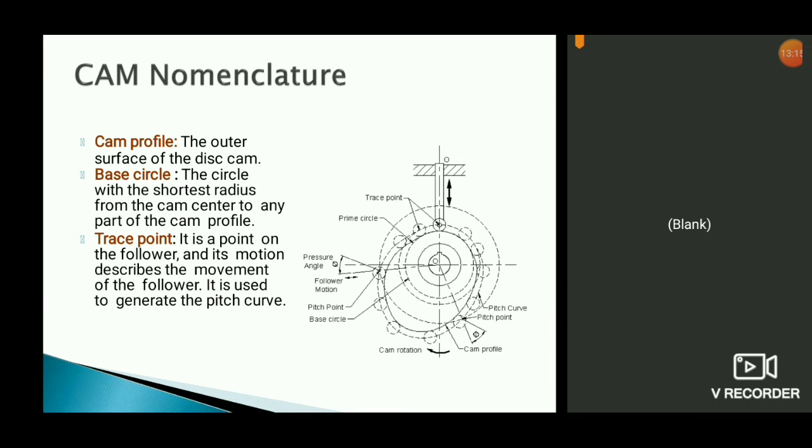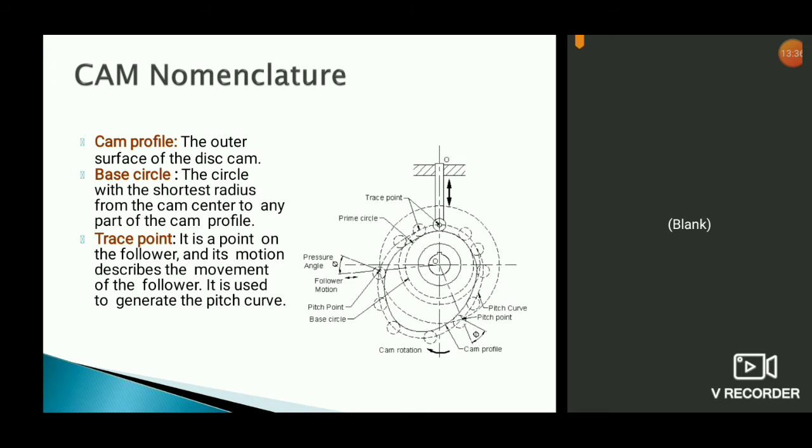Those points describe how the follower will be moving. You can see here, it is going up, it is coming down, again it is joining the starting point. So the various points which describe the motion of the follower are called trace points.